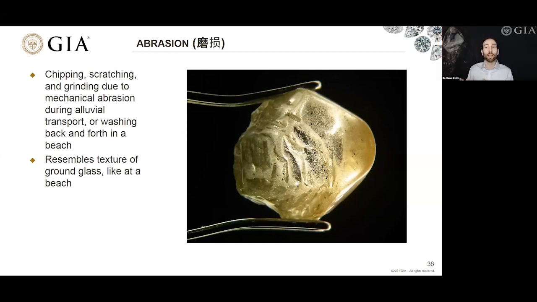In more extreme cases, the entire surface can be worn down by abrasion. This diamond might have been deposited on a beach and washed back and forth by waves. It almost looks like a piece of glass that you might find at the beach that has been polished naturally over time.